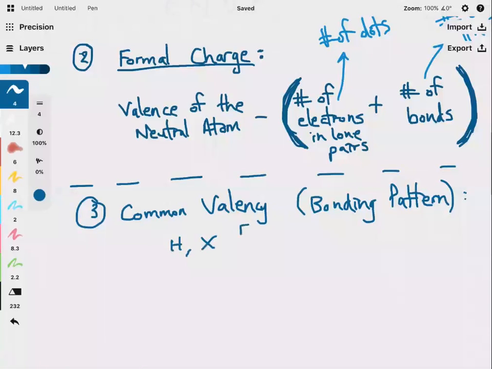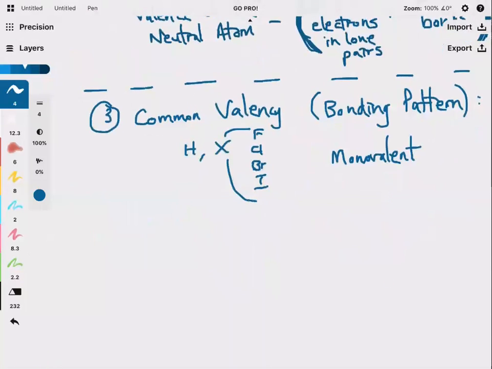So that is F, Cl, Br, I. Fluorine down to iodine. That's X, okay? So if you have hydrogen or a halogen, it's going to be monovalent, which means it only wants to bond with one other atom.